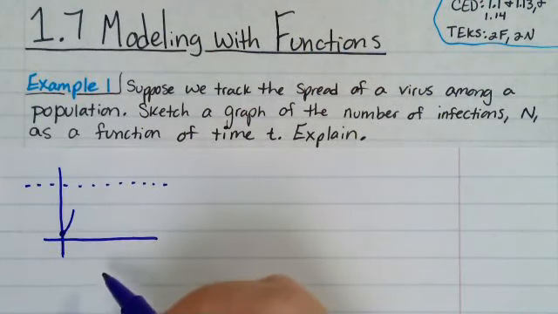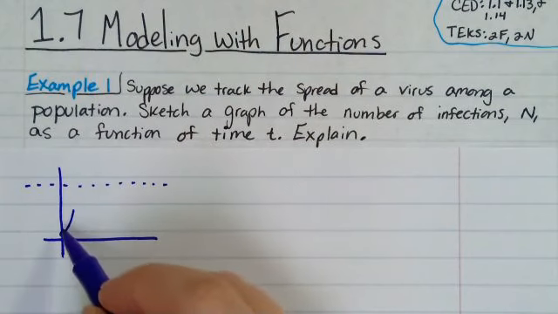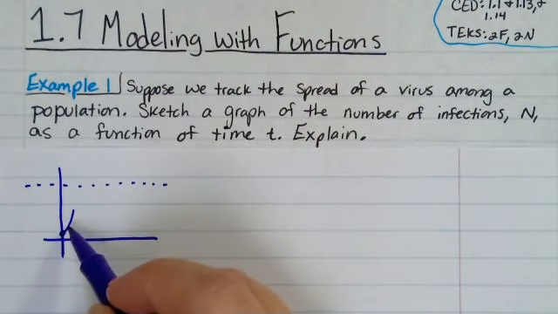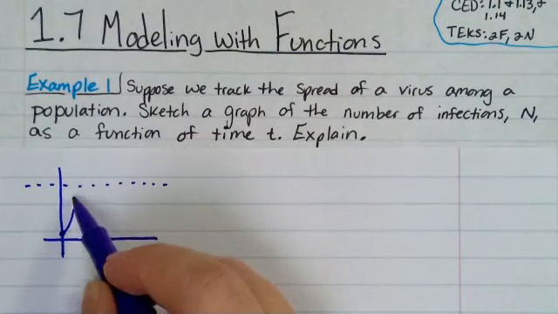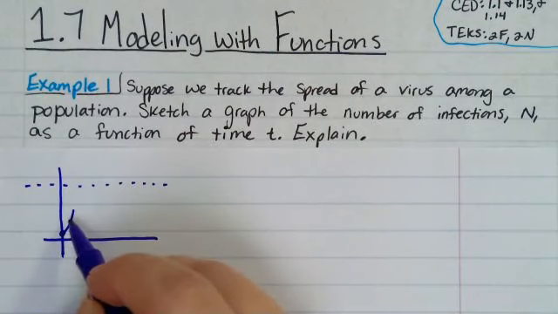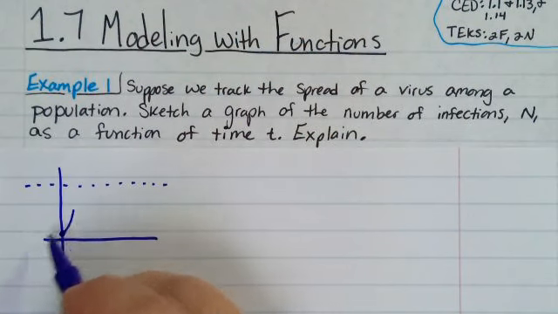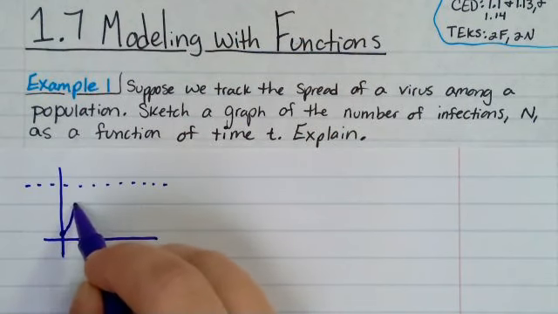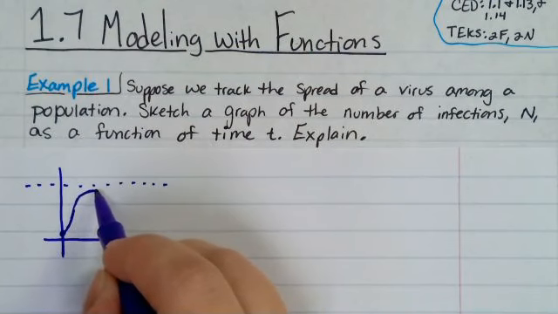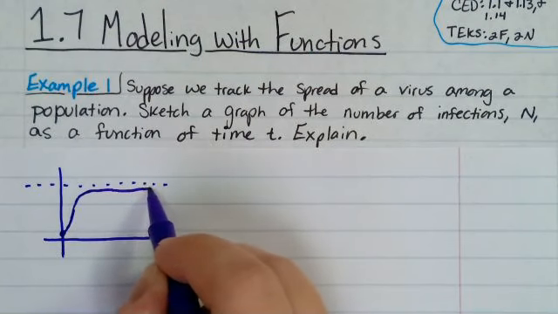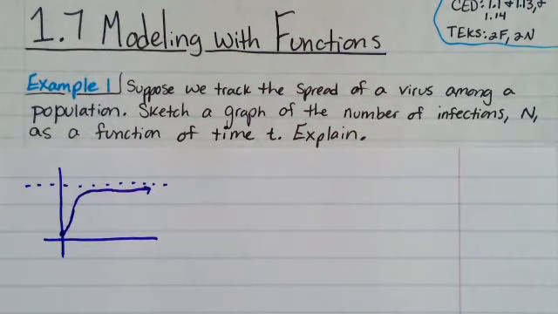There's people who have yet to get COVID, right? So when we talk about this virus spreading, yeah, it's going to start with that exponential growth, but as time goes on, that's not going to continue to go up in that same trend. It'll continue to increase, like the number of people who are sick will continue to increase, but it's not going to increase in that same way. It will continue to increase, but never actually end up hitting that max number.